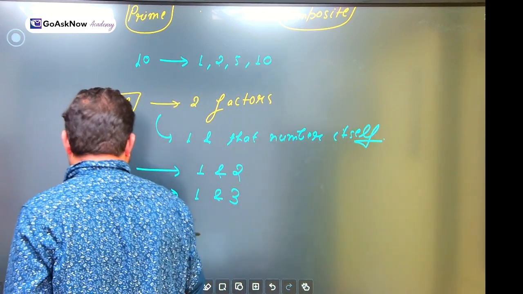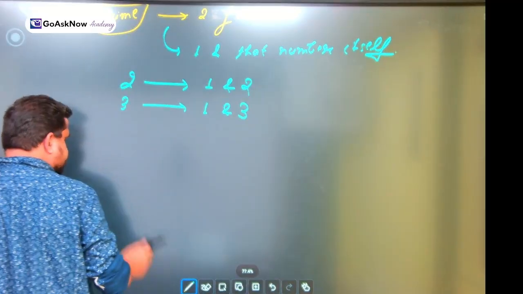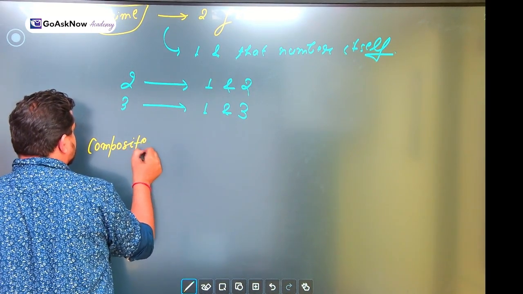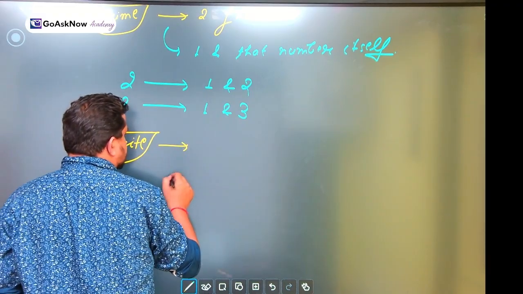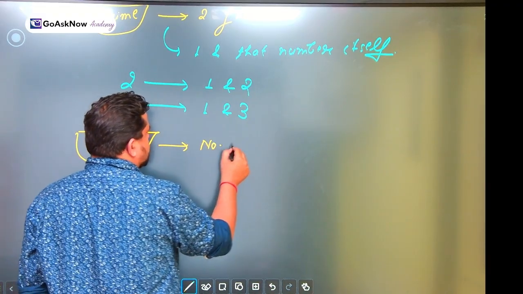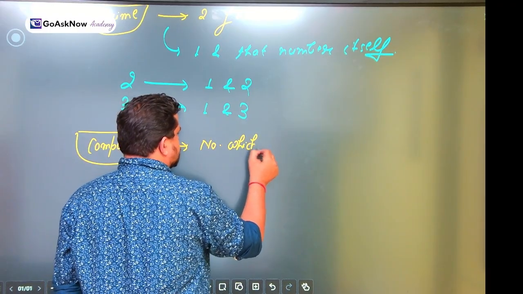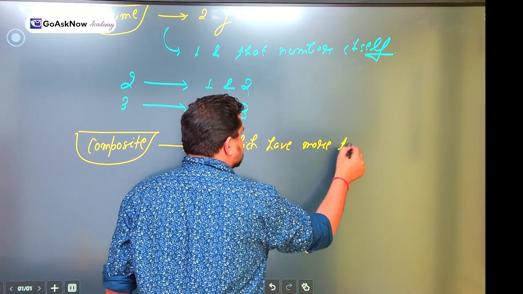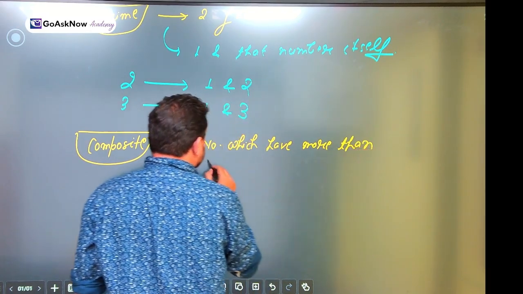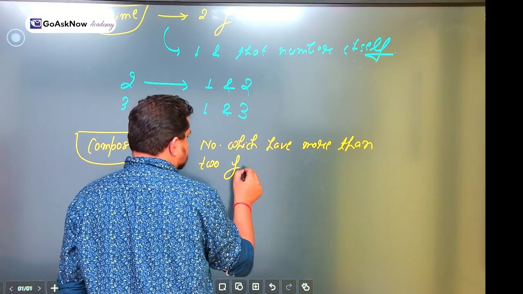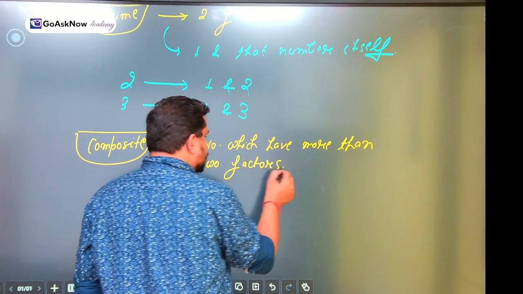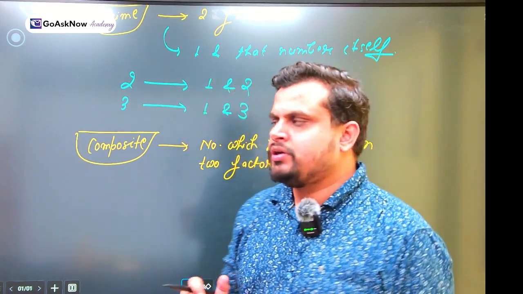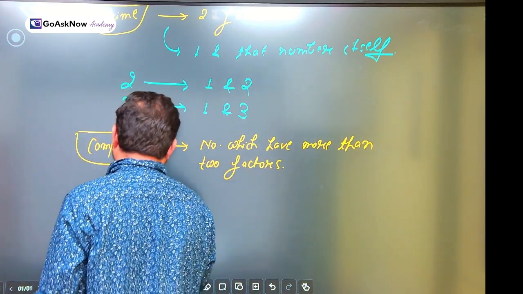Now, composite numbers are numbers which have more than two factors: one, that number itself, and any other number. Suppose we have a number 4.